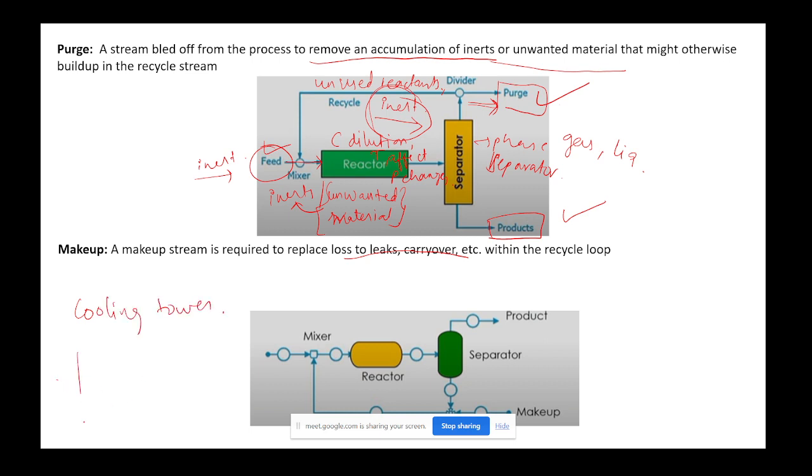What happens in a cooling tower is we spray water from the top, and air flows and comes into contact with the water and cools it down. Now as I cool down the water, there can be some amount of evaporation loss, or certain amount of water which is carried away with air.